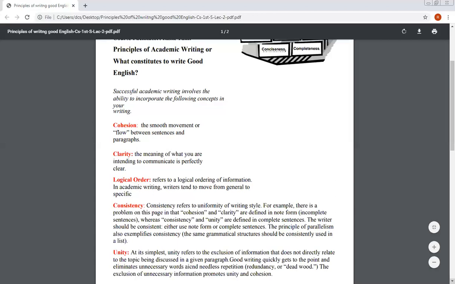How can we bring it? That is another very interesting question. We must confine ourselves to the topic that we have started with. Like in our previous class we studied, we start off our composition with the topic sentence. So bringing cohesion is like keeping ourselves to the main point, to the main topic.